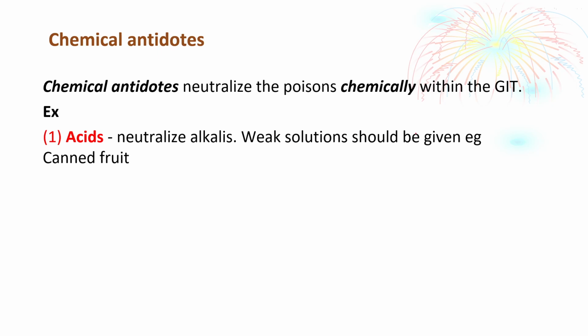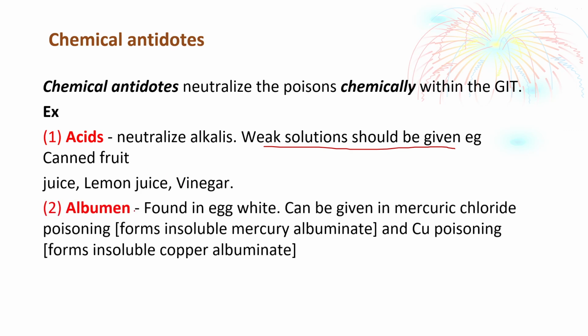If we have an acid as a poison, we are gonna neutralize its effect by giving a weak solution of bases like citrus fruits, lemon juice, vinegar, as well as we can give albumin for mercuric chloride poisoning, which will create insoluble mercury albuminate, plus for copper, which will produce copper albuminate.